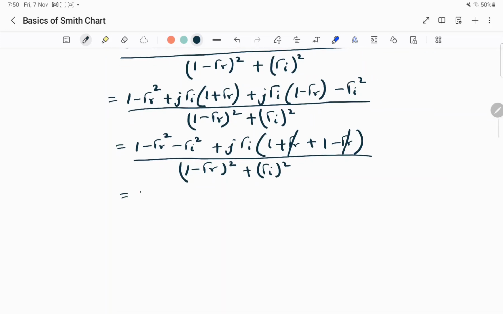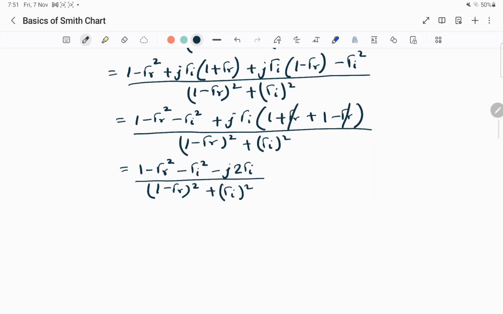So we are left with 1 minus Γr squared minus ΓI squared minus j times 2ΓI divided by (1 − Γr) whole squared plus ΓI whole squared.